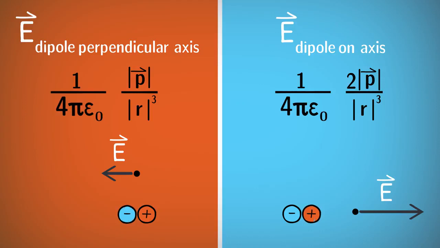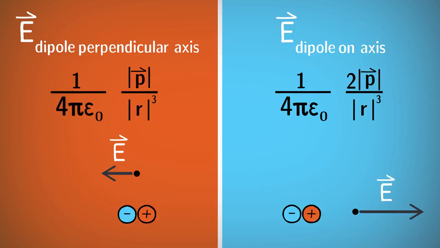Second, we see that far from the dipole, the E field in both cases varies as the inverse cube of the distance. In fact, this dependence is not limited to these special observation locations. It can be shown that this dependence applies for all observation locations that are far from the dipole.